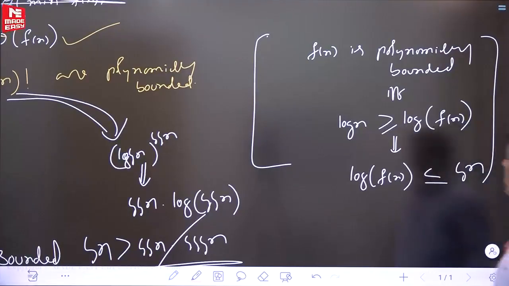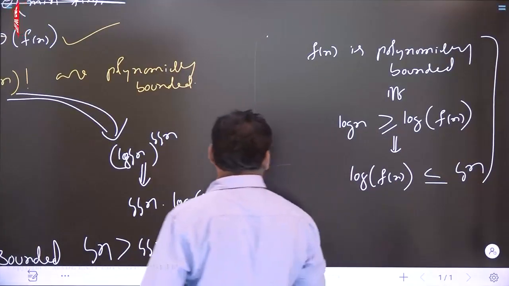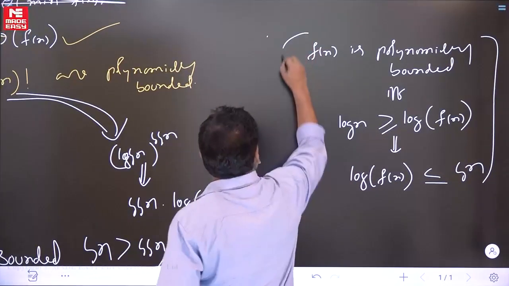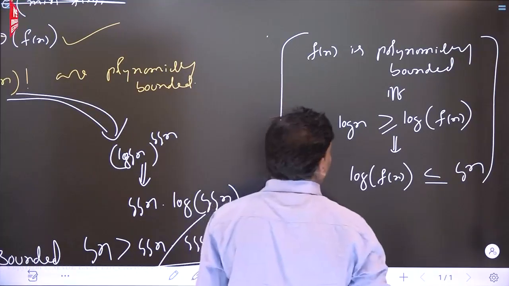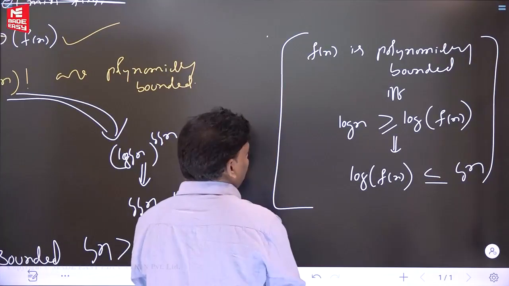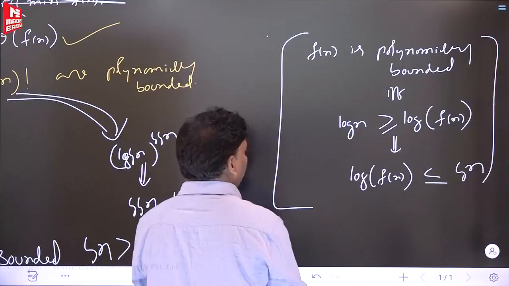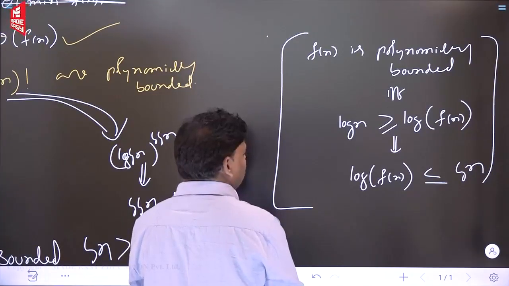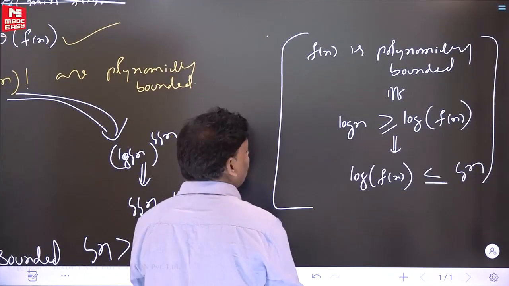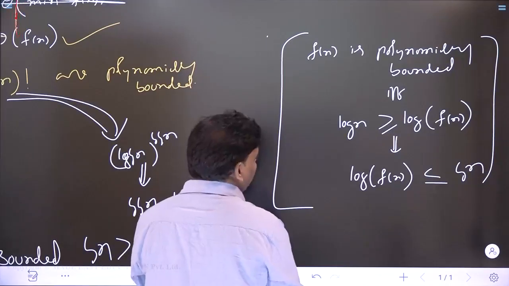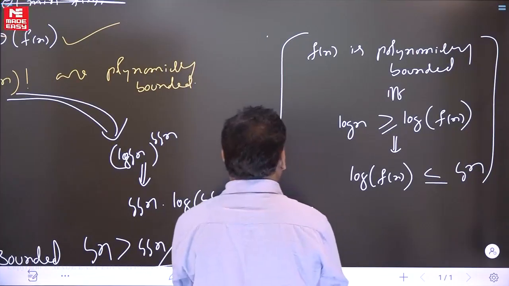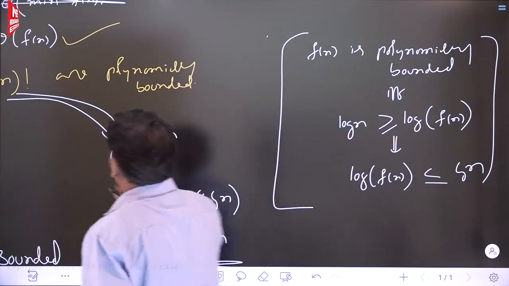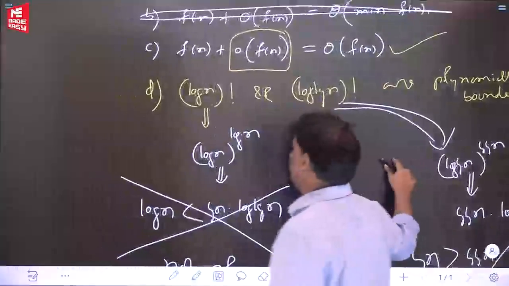I hope everyone is fine. What is the meaning? After applying log, if its value is less than or equal to log n, then it is polynomially bounded.